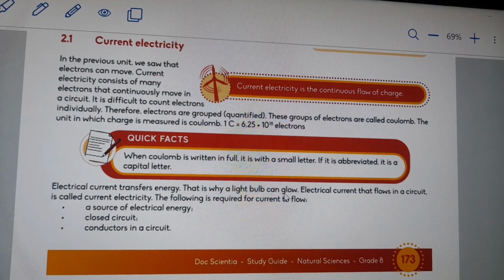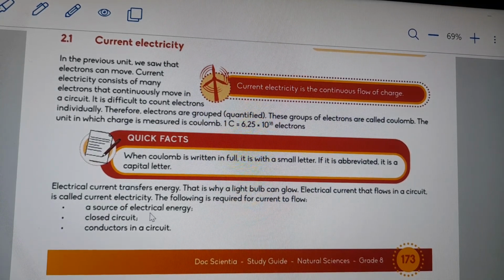Electrical current transfers energy. That is why a light bulb can glow. It glows because there is energy transfer. Electrical current that flows in a circuit is called current electricity, and we know current electricity is a continuous flow of charge. The following is required for the current to flow. So these 3 things must happen for current to flow.